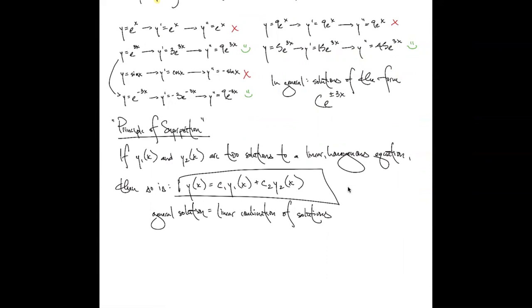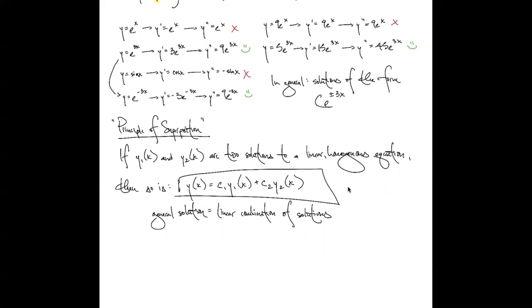It says that if you have 2 solutions, then the general solution is nothing more than the linear combination of the individual solutions. If you think back to linear algebra or Math255, that general solution is just a linear combination of our solutions.